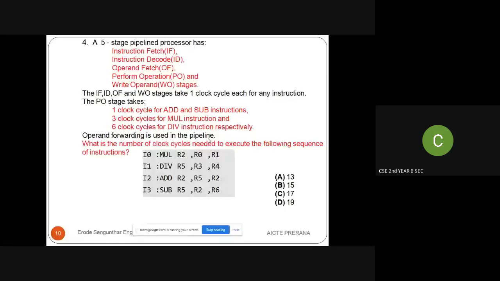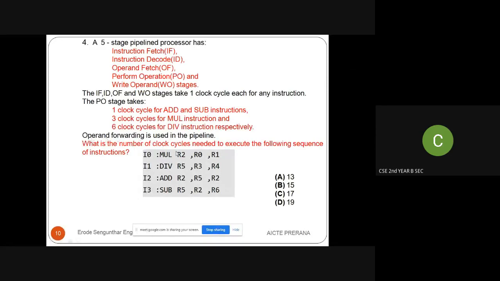Here is the key point they have given: operand forwarding is used in this pipeline. Operand forwarding means, I will explain that. Consider 4 different instructions: I0, I1, I2, I3. In these micro operations, there is the chance for operand forwarding.